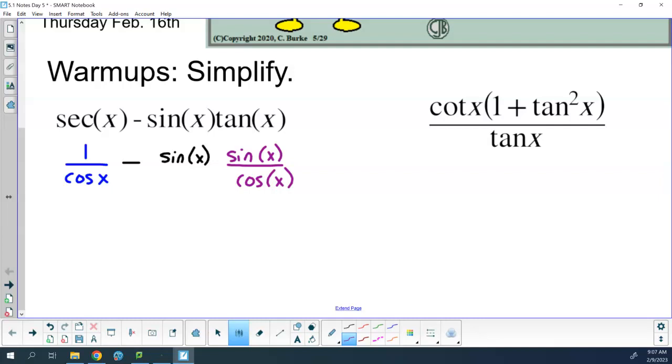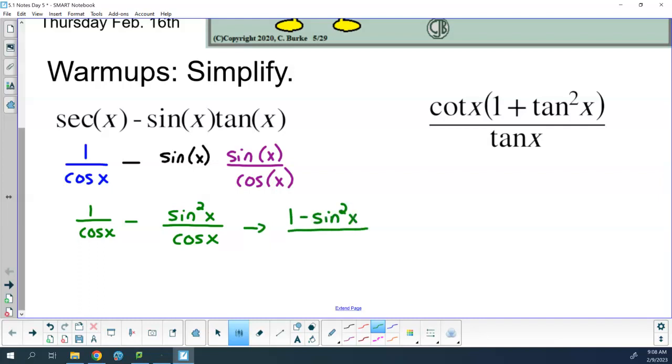Okay? So then this would become 1 over cosine minus sine squared over cosine, which then would become, and this was a step in a problem similar to this one on the formative that some people showed, some people didn't show. You should show then the combination of those two fractions.